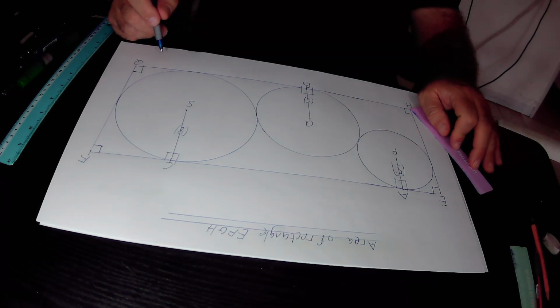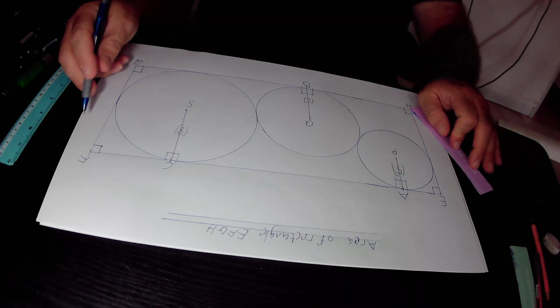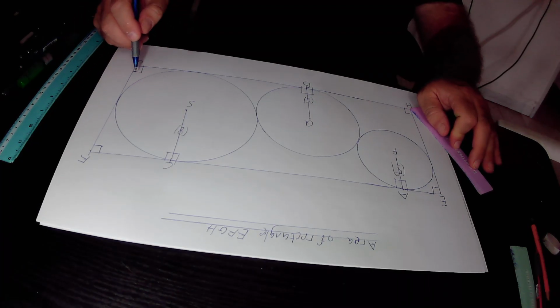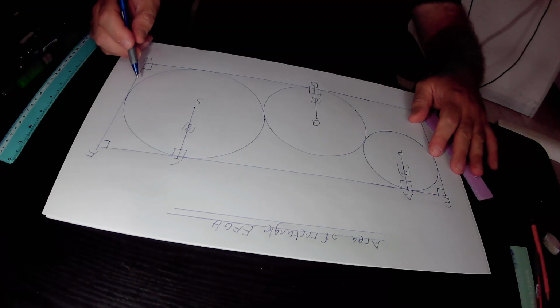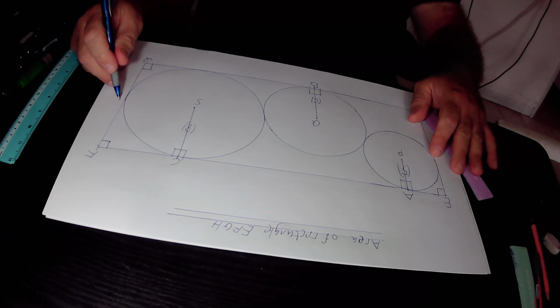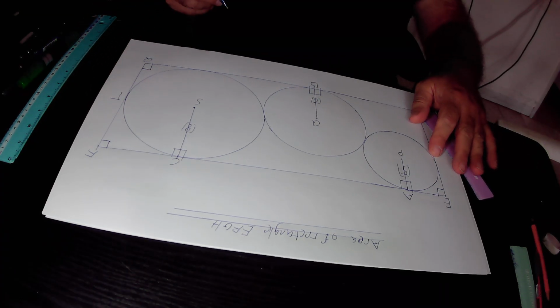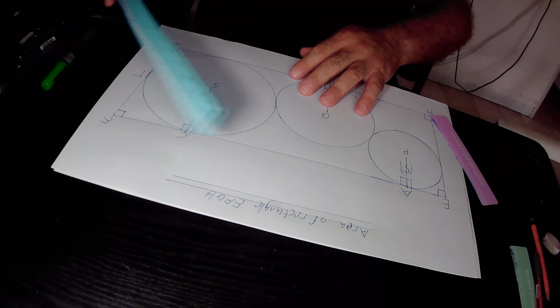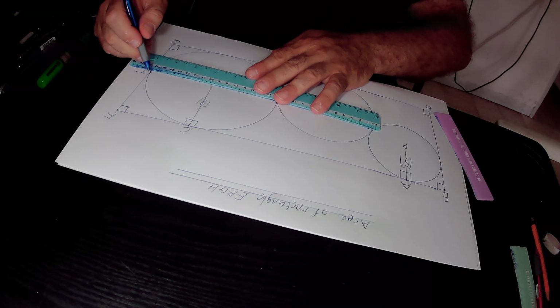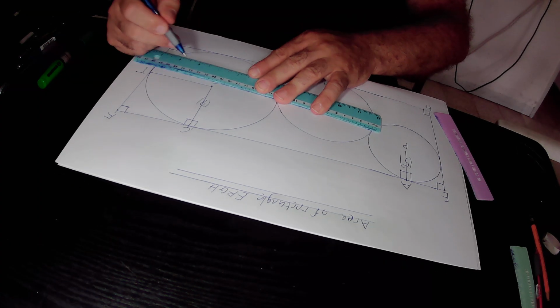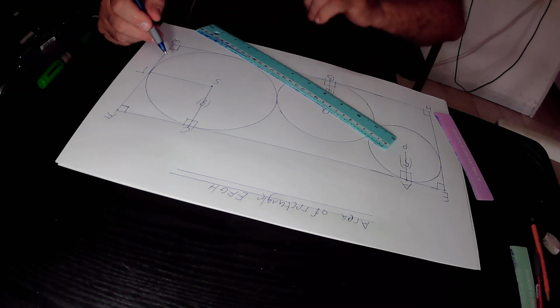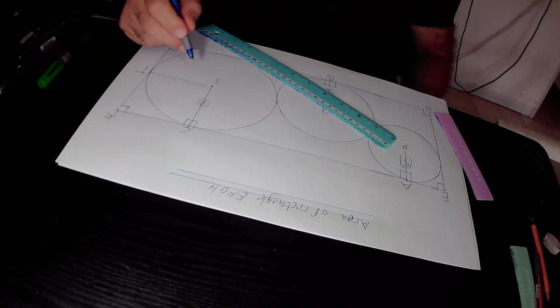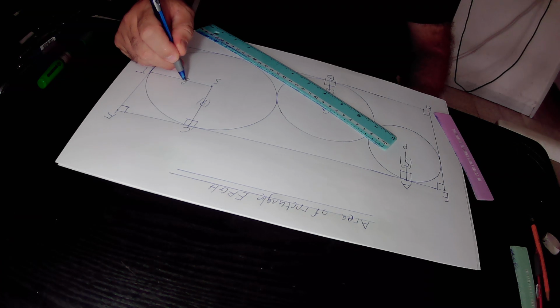We define the point of tangency of tangent FQ with this big circle. This point is point T, and we join points S and T together by a straight line. ST is of course the radius of this big circle. It equals 8 units in its length.